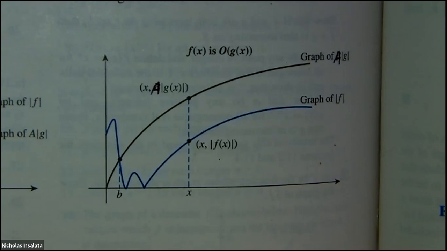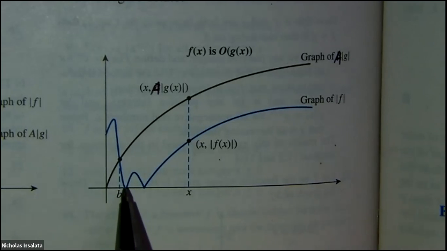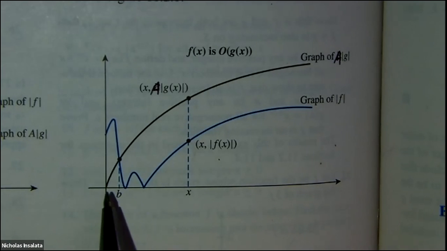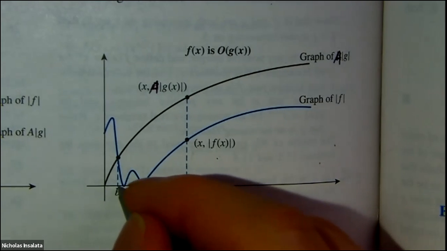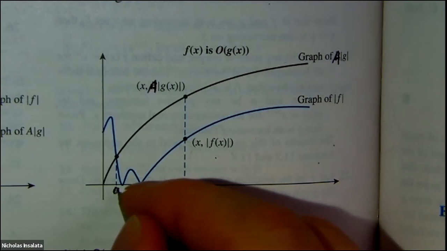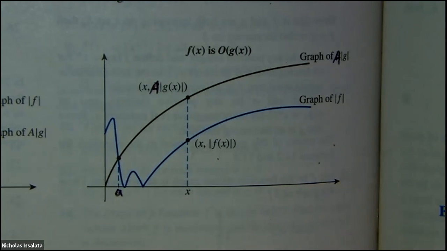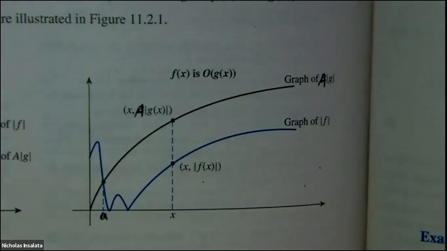Okay, let me ask you a question. What's this little b all about? What's going on with that? Although in this case, I changed it to an a. Here, let me help actually.